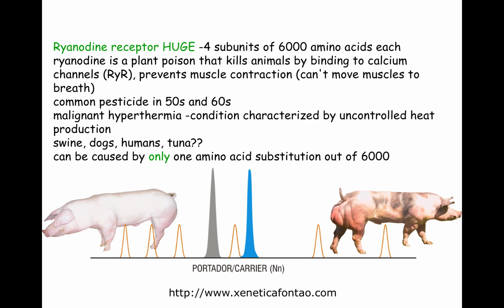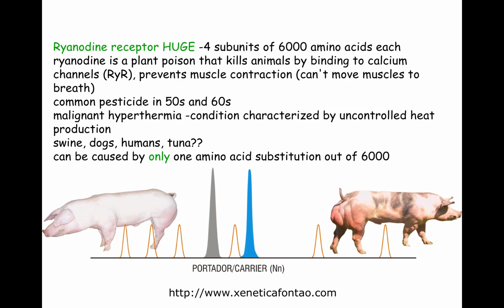And there's a really cool story about how a mutation in this protein was identified. There's a mutation in pigs called malignant hyperthermia. And it's not just in pigs, you can see it in dogs and in people. It's a condition characterized by uncontrolled heat production.